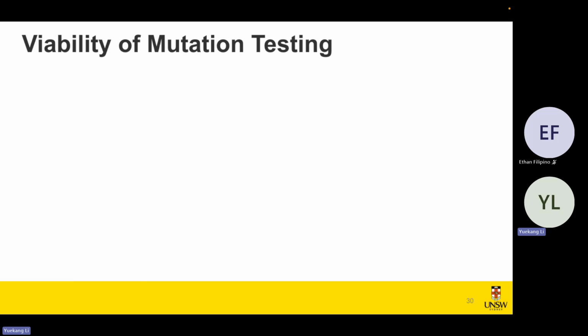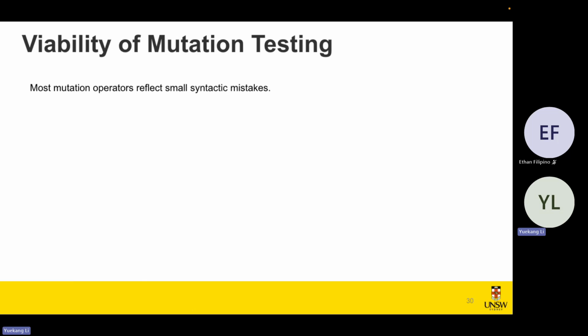And we also need to think about in which situation can we just use mutation testing? Because mutation testing is not applicable at any stage of development. We need to think about when or for what kind of program could we use mutation testing to evaluate the quality of the test cases we create.